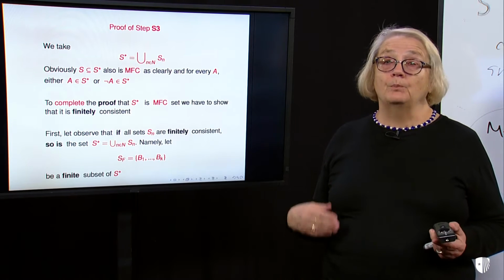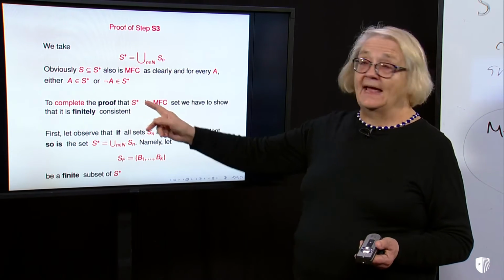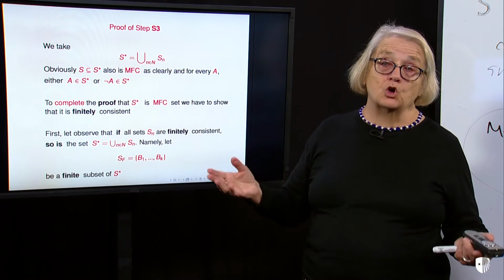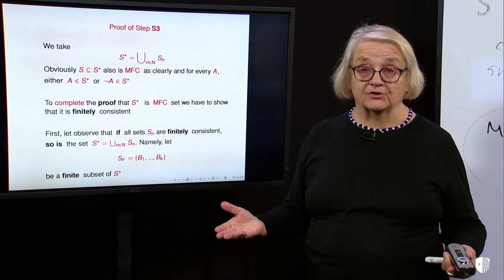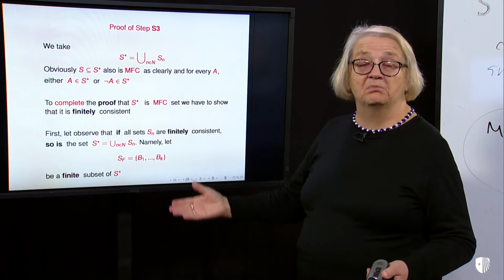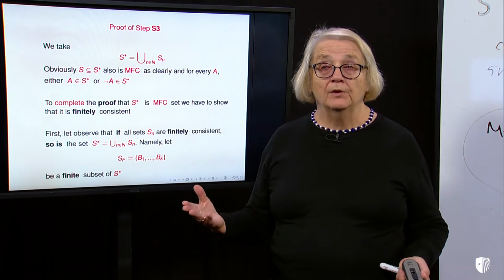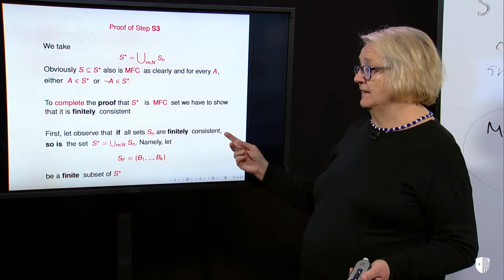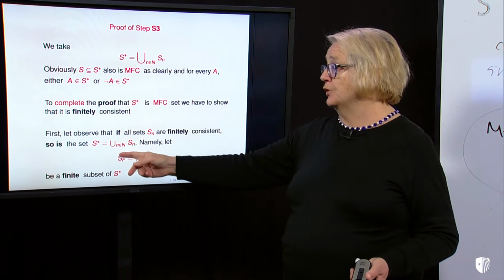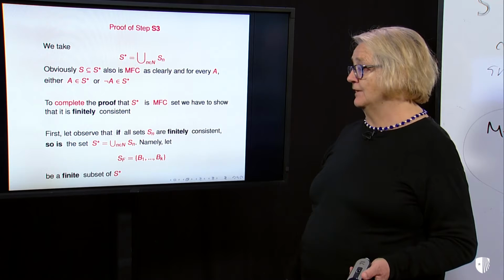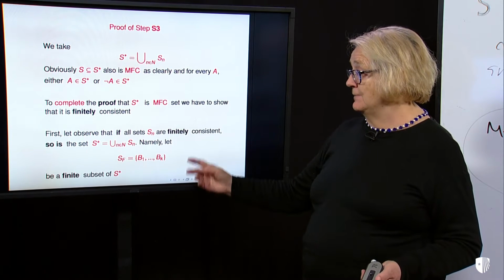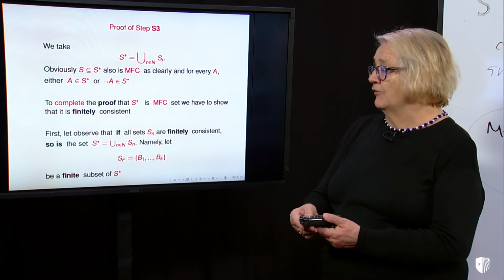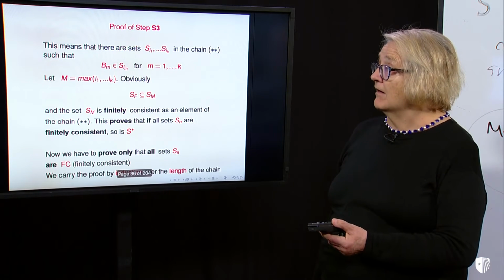Now to complete the proof that S star is maximal finitely consistent, we have to show that it's finitely consistent. Again, the proof is the same as we did before. We observe that if all sets are finitely consistent, so is the union. Namely, let SF be a finite subset of S star.